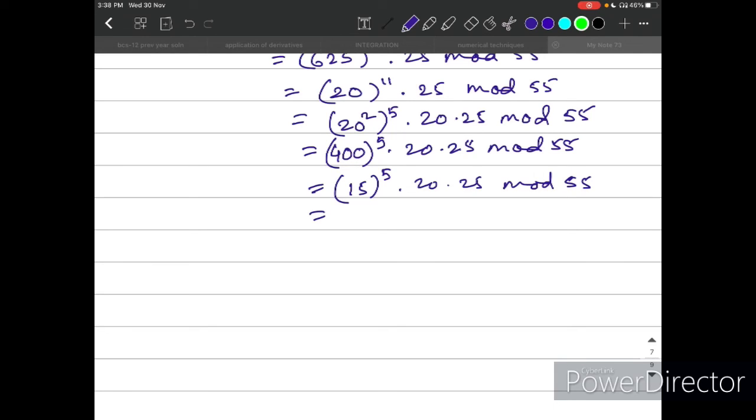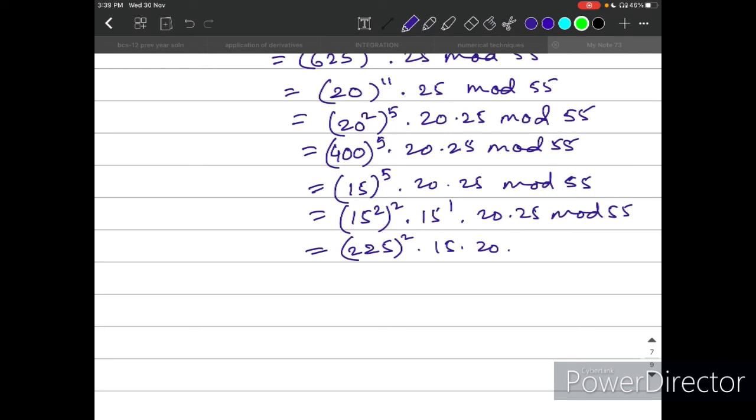15. Now what you get? 15 square whole square into 15 to the power of 1 into 20 into 25 mod 55. Because 15 square is how much? 225. A whole square into 15 into 20 into 25 mod 55.